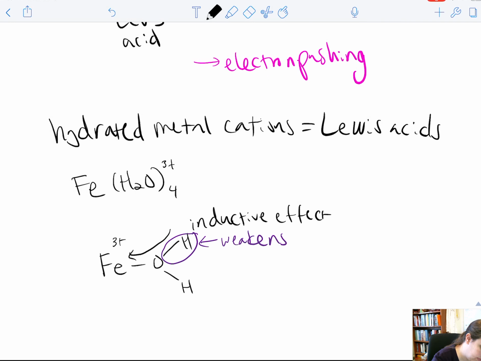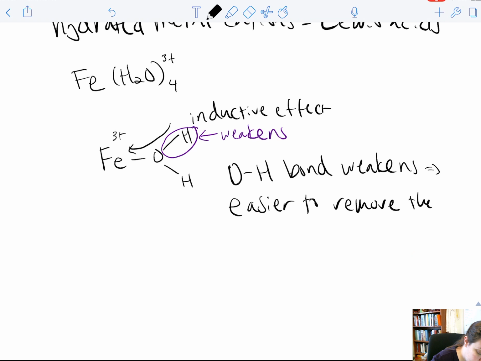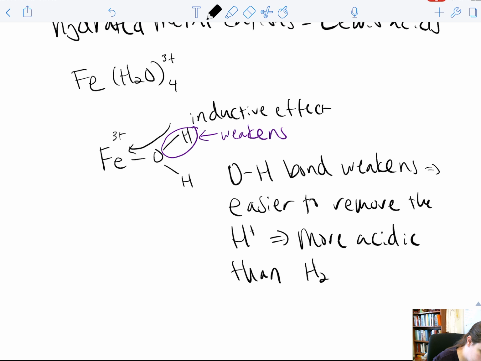And when that weakens, it becomes easier to remove the H+, which makes it more acidic. Okay.